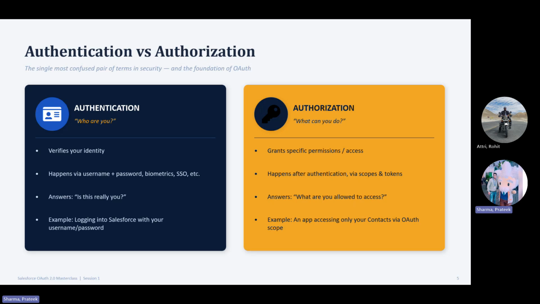It can be scoped by your connected app and profile permissions. So the answer is, what are you allowed to access? Whatever access you get using a connected app or the integration profile, you will be able to access those things. So that is authorization. In simple terms, authentication validates who you are, and authorization gives you the access, what you can do with that application.